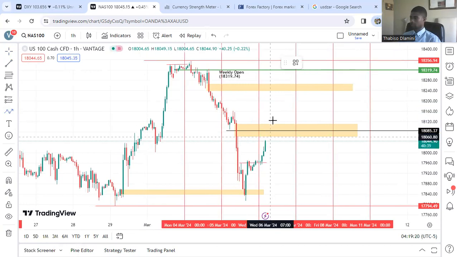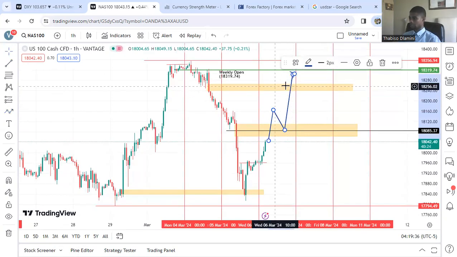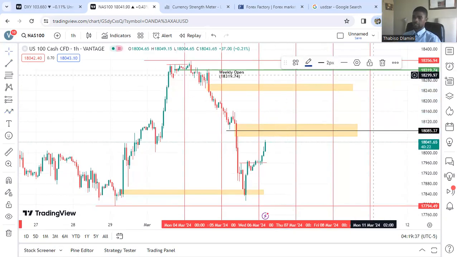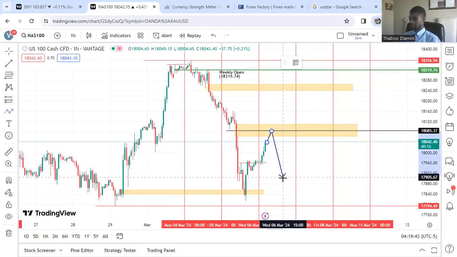So if price continues, breaks through there, comes to retest this area, with bodies and candles all closing above this 50% range, then most definitely I'll be looking to go up and test that weekly open. And then another scenario we could look at is we hit there, and then like I've said, we continue all the way down looking for these lows.